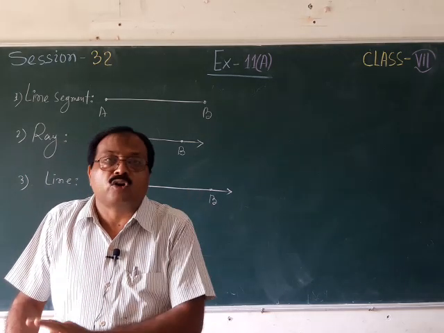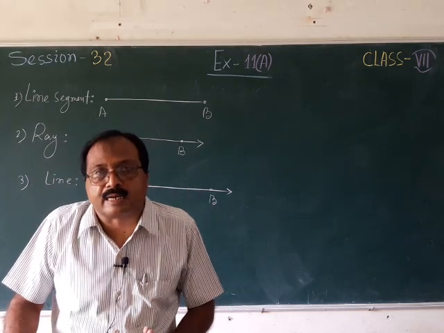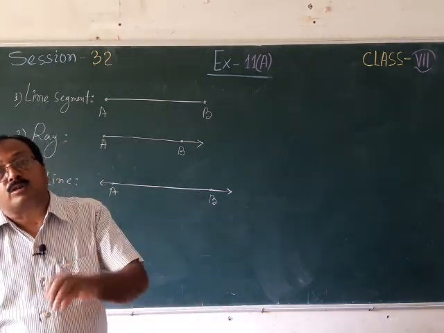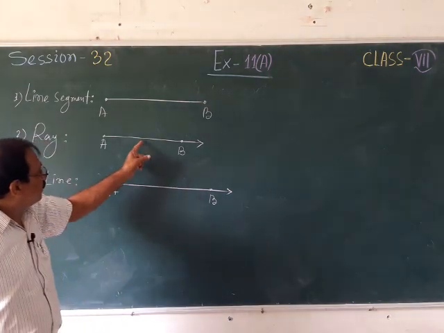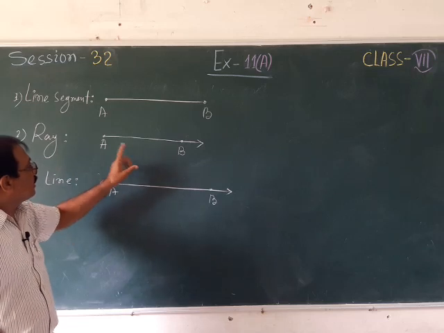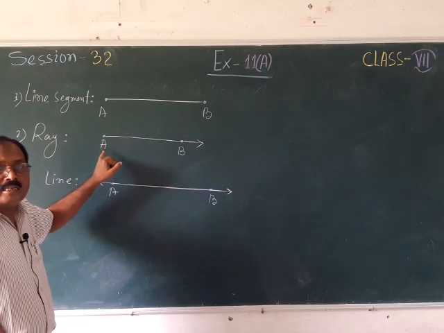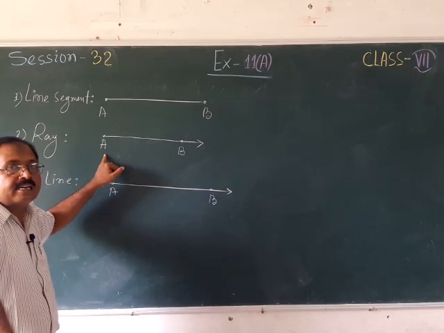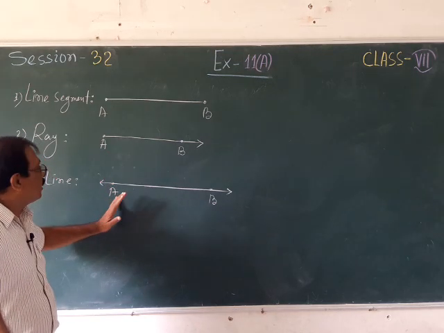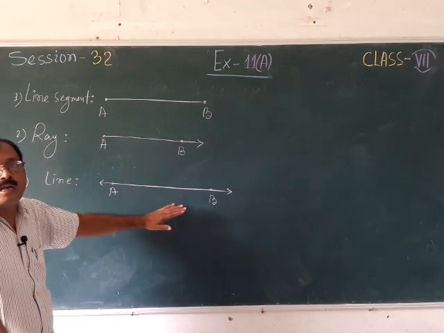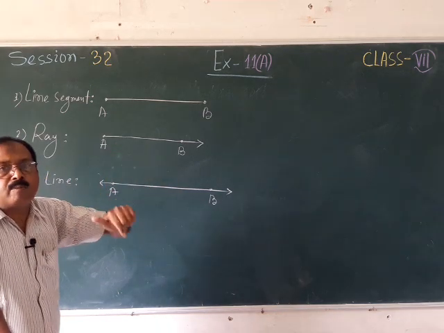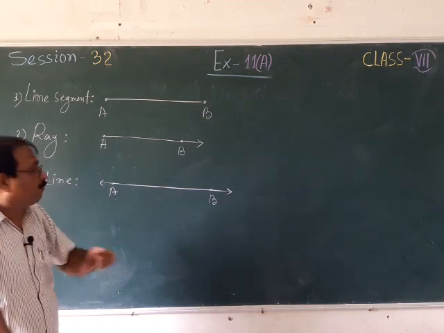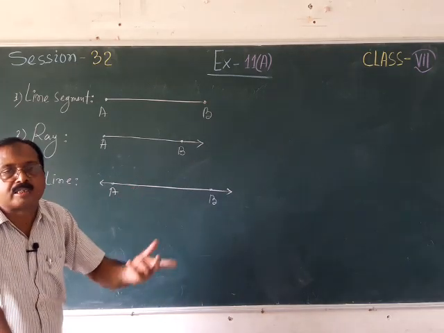A line cannot be measured. One difference between a ray and a line is this: a ray's initial point, the starting of a ray, is known, but the starting or ending of a line is unknown. That means for a ray the starting point is known, but for a line there is no starting.